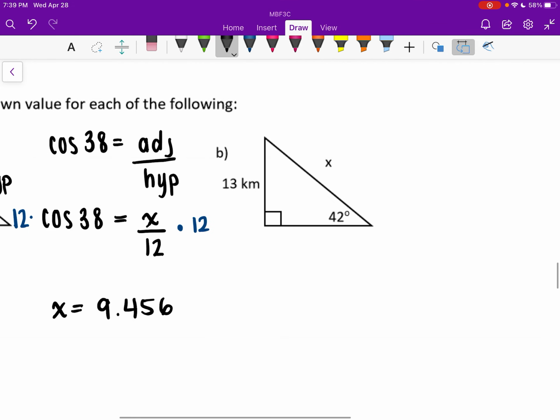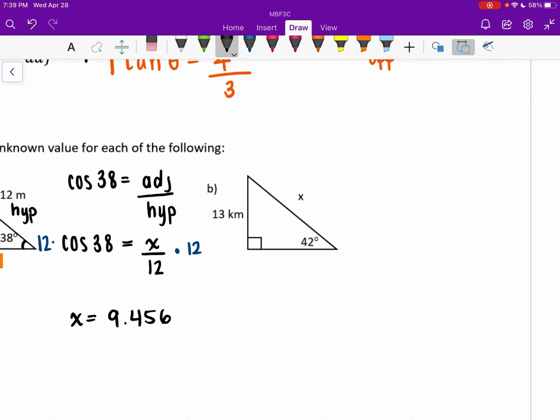So if you're getting 11, it's probably because your calculator is in radians. So just make sure that you switch it over to degrees. So I suggest before you ever do a test or a quiz or even an assignment, just double check and make sure that it's always in DEG. There should be a little DEG in the side of your calculator in the top corner.